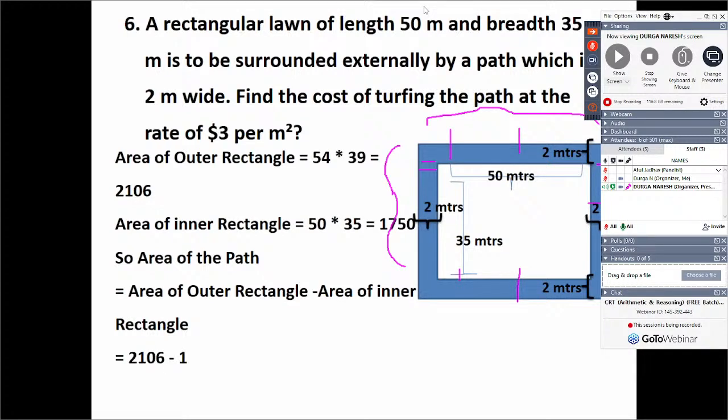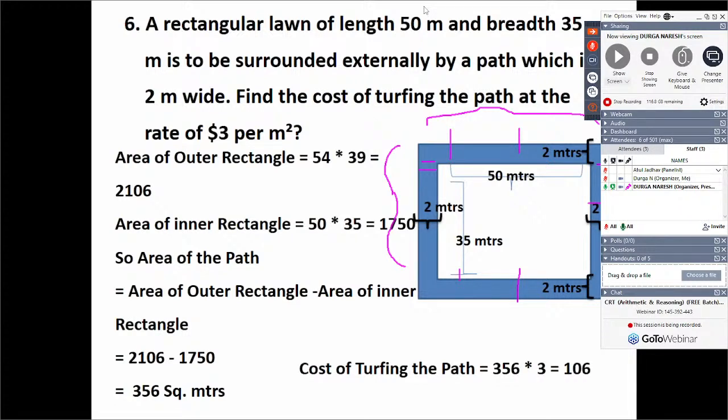So for each square meter $3, if 356 square meters is the area of the path, the cost is 356 into $3, which is $1068. Okay. Next one.